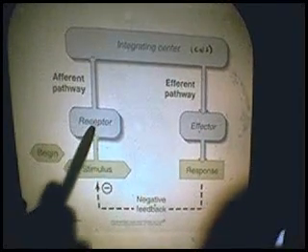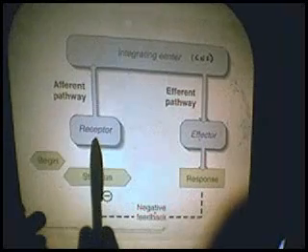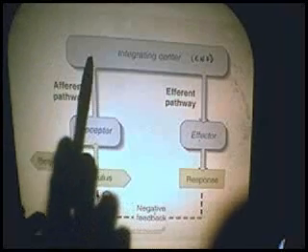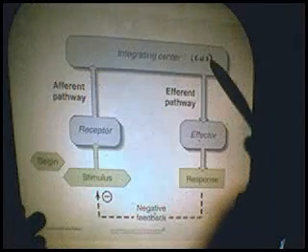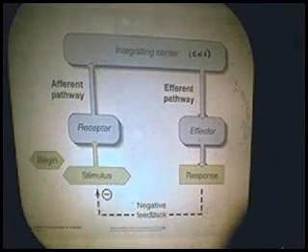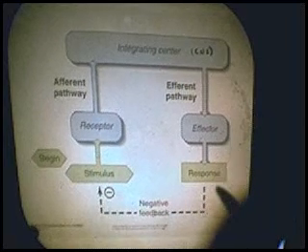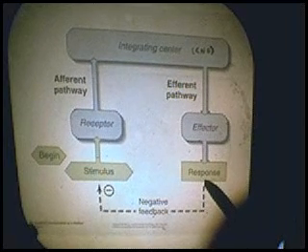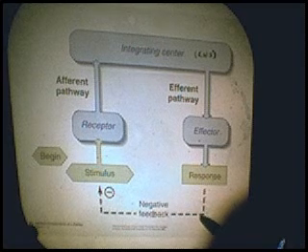Probably not. Okay, so the stimulus is transduced by a receptor, and then the receptor sends the message up an afferent fiber to the integrating center, which is in the central nervous system. The central nervous system processes this information, sends out information to an effector, which then causes a response, like shivering, for instance. And then when you shiver, it heats up your body.